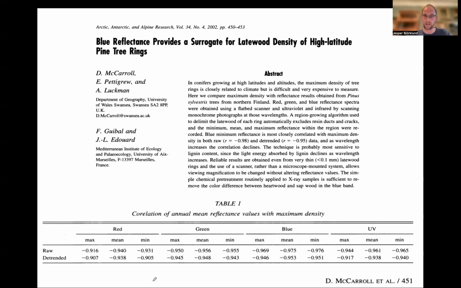And they actually chose the blue light spectrum because it had the highest correlation with wood density, with maximum density. So the minimum reflections in the wood had the highest correlation with maximum density of the wood.